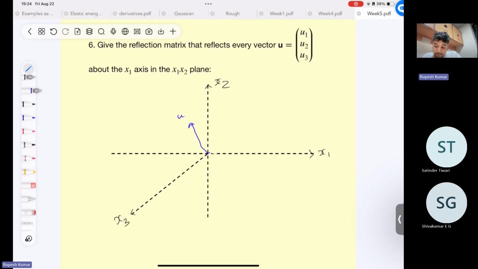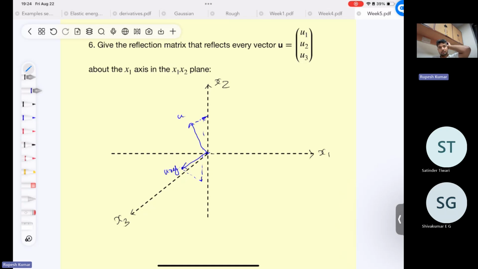I want the reflection of this vector about the axis x1 in the x1, x2 plane. This essentially means take the projection of this vector on the x1, x2 plane, and then reflect it about the x1 axis. Once you reflect it about the x1 axis, you bring it back to the 3D space, and you will get this vector. This will be u reflected. So this is the geometric idea of this problem.